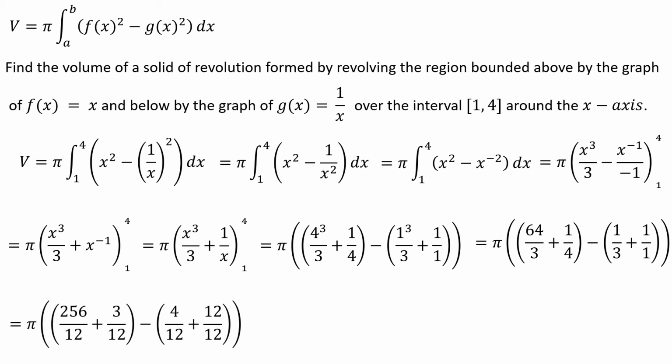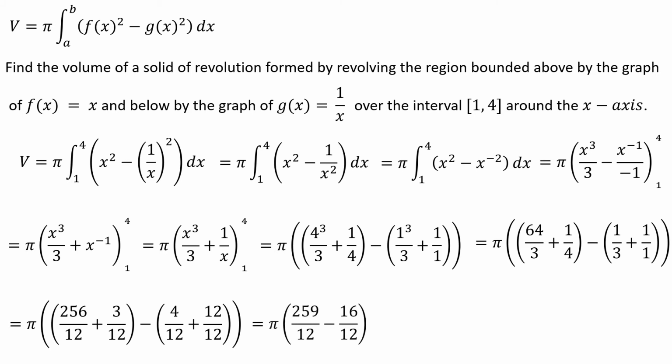So 64 times 4 got me the 256. 1 times 3 got me a 3. 1 times 4 got me a 4. 12 times 1 got me a 12. All right, so I had to adjust everything to a common denominator. Multiplying is so much easier, right? We don't have to worry about a common denominator, but when we add and subtract, we need the common denominators.